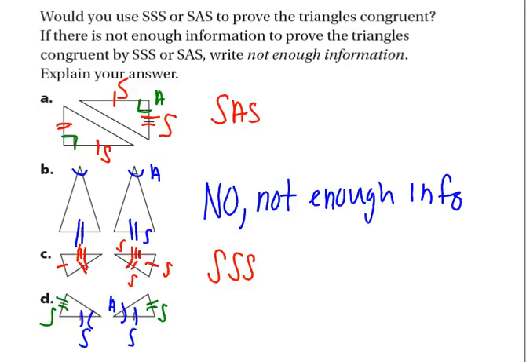So side, angle, side, right? No, it's not. Is this my included angle? Nope, it would have to be a different color. This side here, but we don't know that, so we don't have enough information. Not enough information.